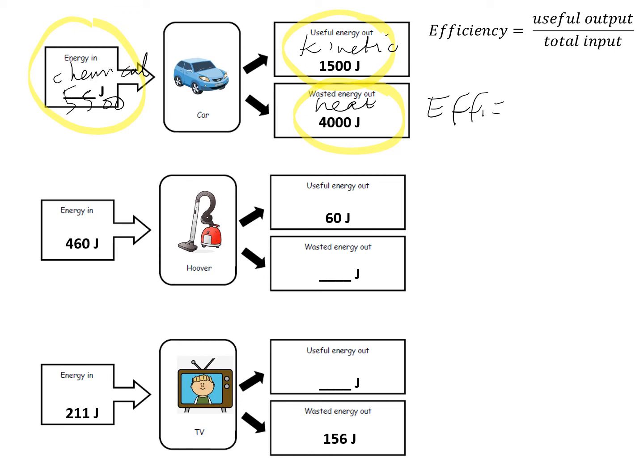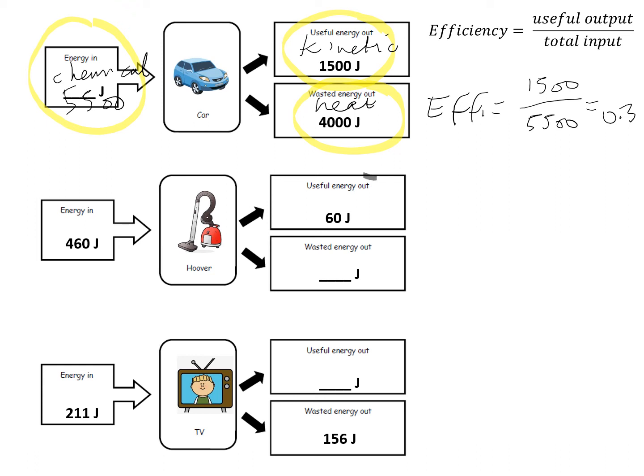It's the useful output, which is 1,500 divided by 5,500, and we get, on my calculator, 0.27 recurring, so I'm going to round that up to 0.3, which is 30%. Let's move on to the next one.